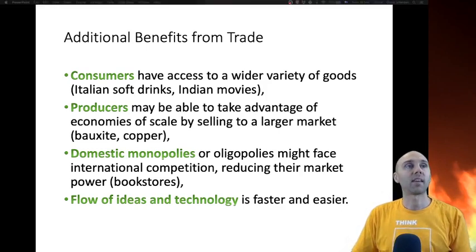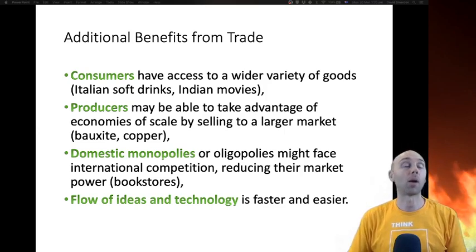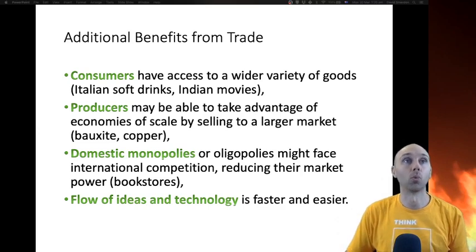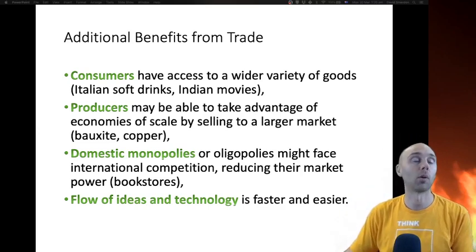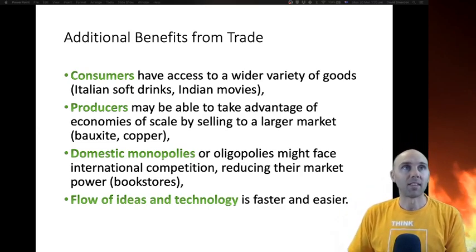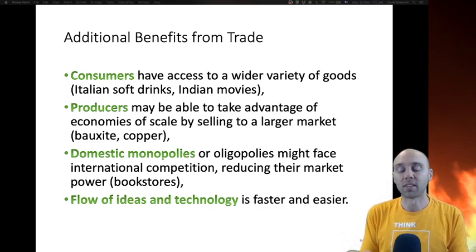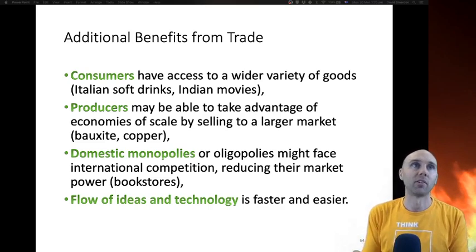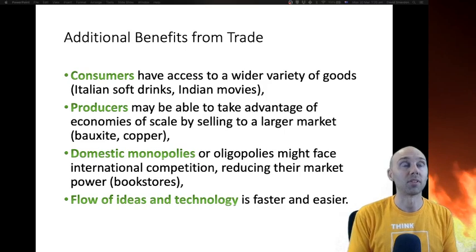In addition, there can be economies of scale when you've got access to a larger market. Particularly, it might be the case that producers of some raw minerals such as bauxite and copper simply don't have the incentive to open a big mine because they only can take advantage of those economies of scale when they produce a certain amount.